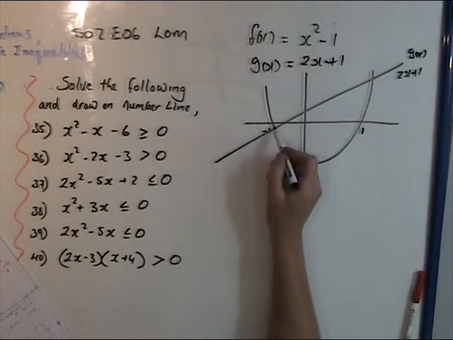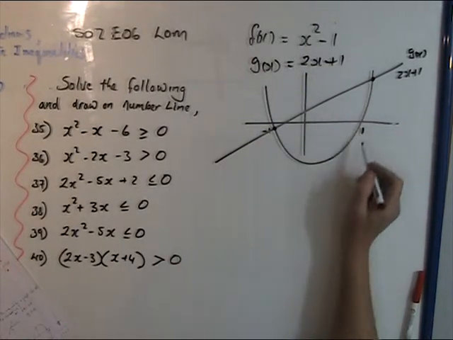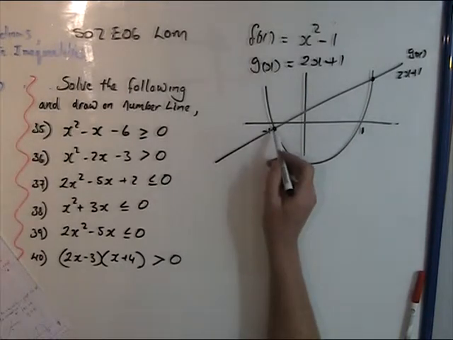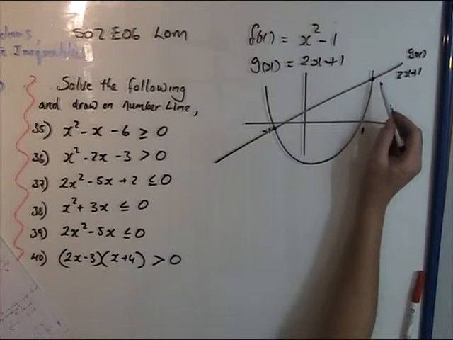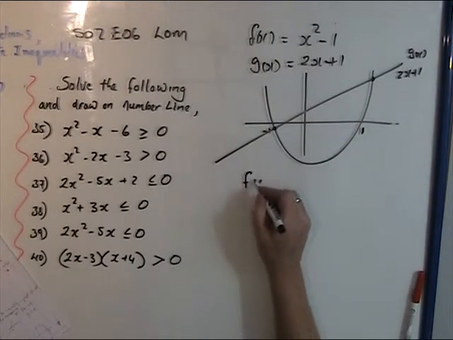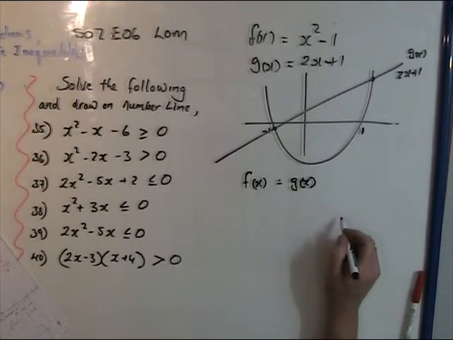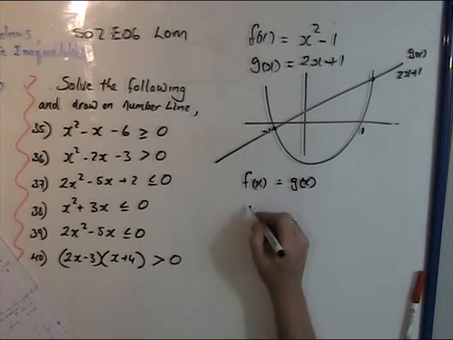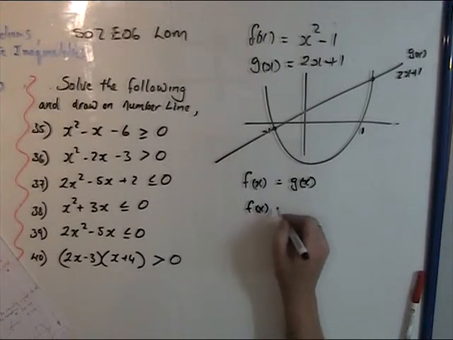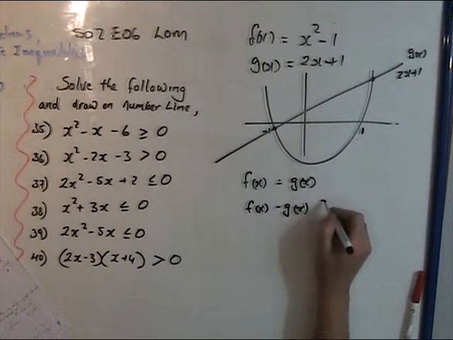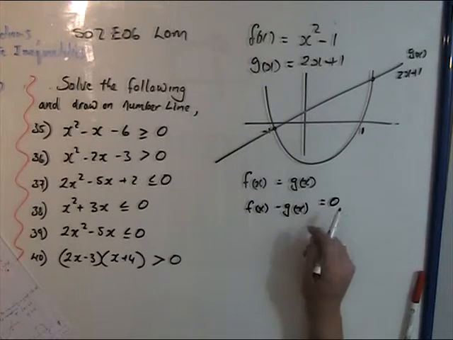Where do I find the positions of intersection? When I make f of x equal to g of x, which in other words means that f of x minus g of x is equal to 0. And I should be able to solve it.